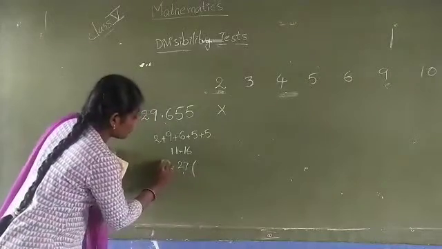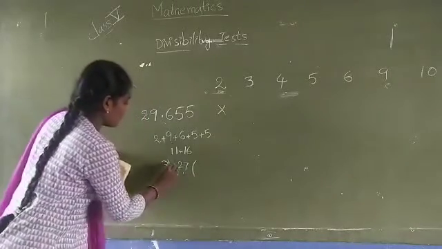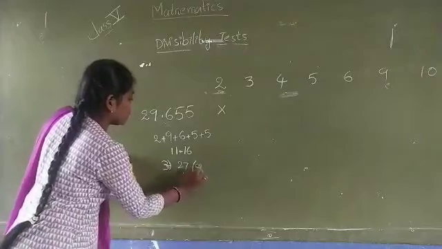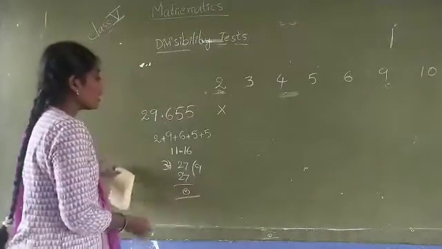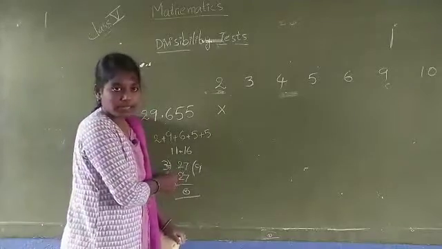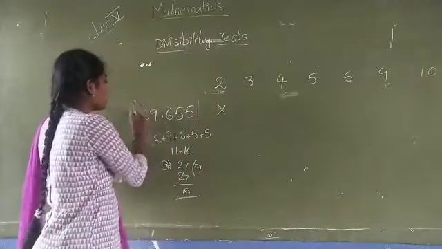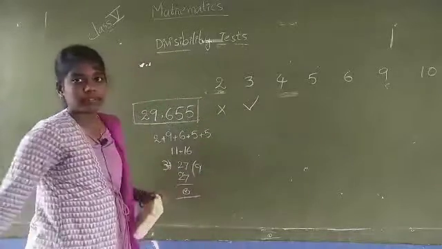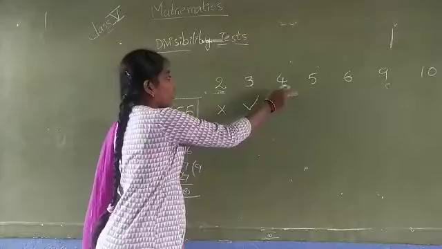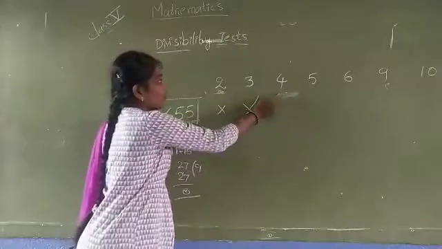We have to find if this 27 is divisible by 3 or not. 3 9s are 27. The remainder is 0. So, this 27 is divisible by 3. Then this whole number is divisible by 3.